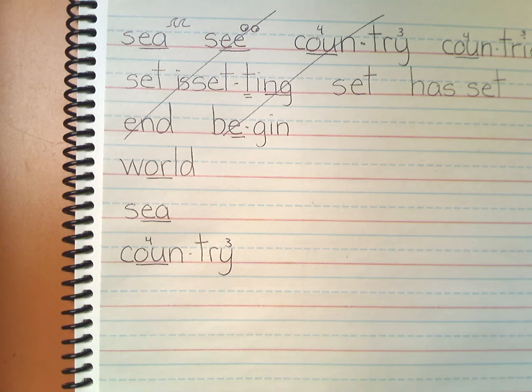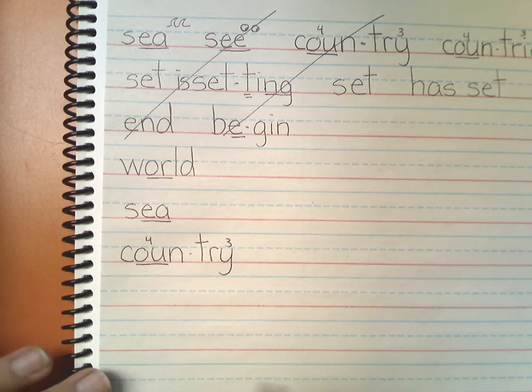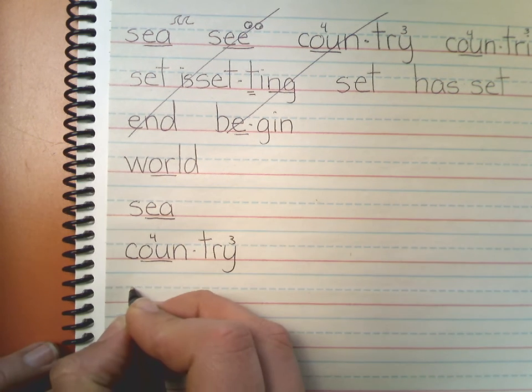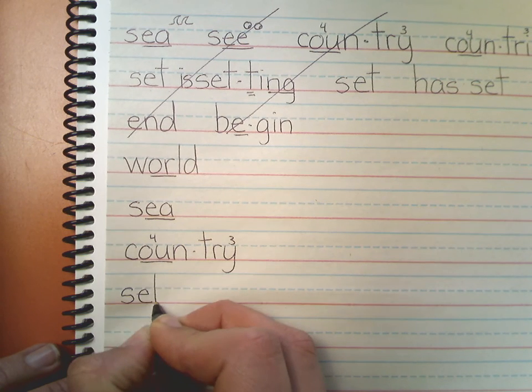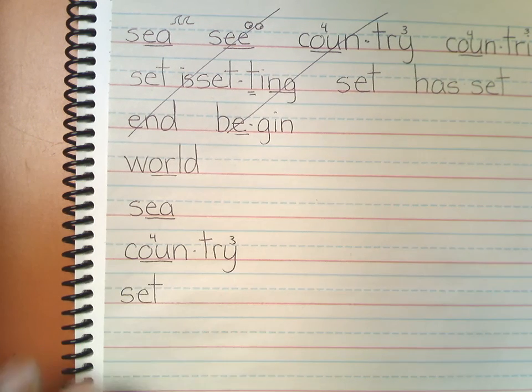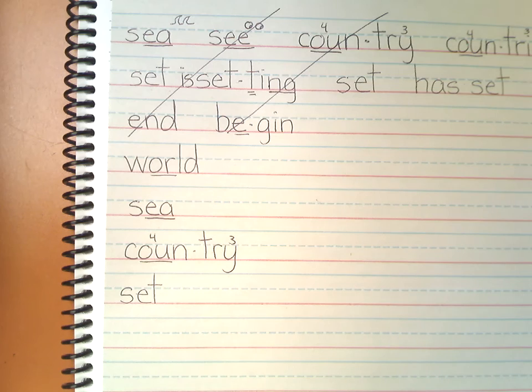All right, our next word is set. We don't have to remember anything for that word. We call that basic code when everything's making its first sound and there's no spelling rules or two-letter phonograms. Set. All right, our next word is end. Again, nothing to remember there.